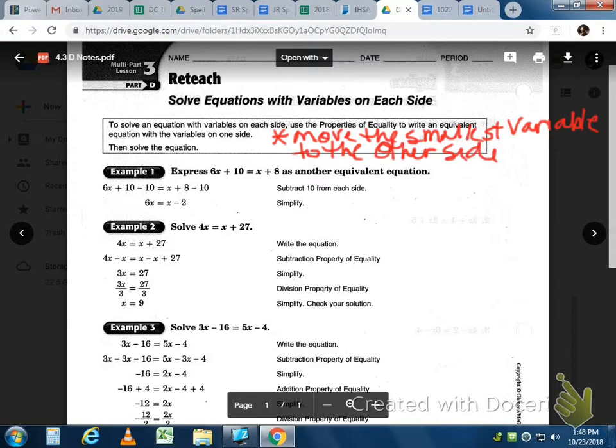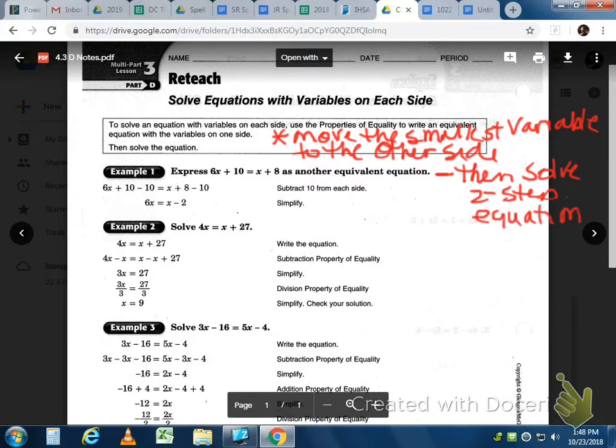So you move the smallest variable to the other side and then solve your two-step equation. Then solve the two-step equation. Okay, so that doesn't look very good right there, but it's a two-step equation.